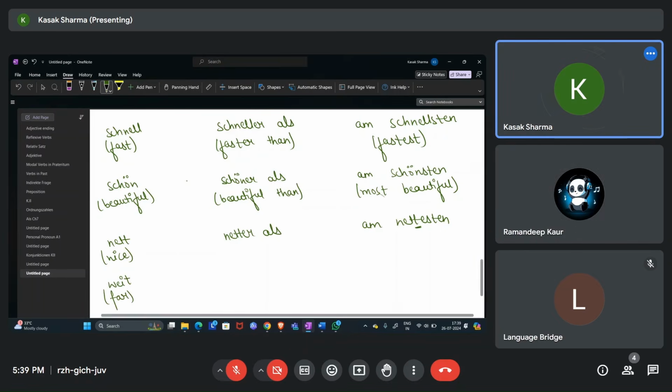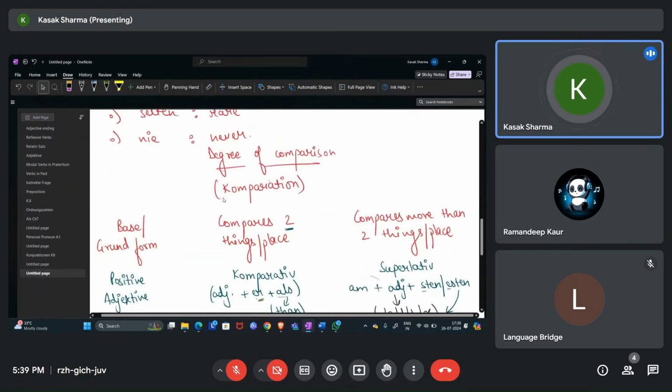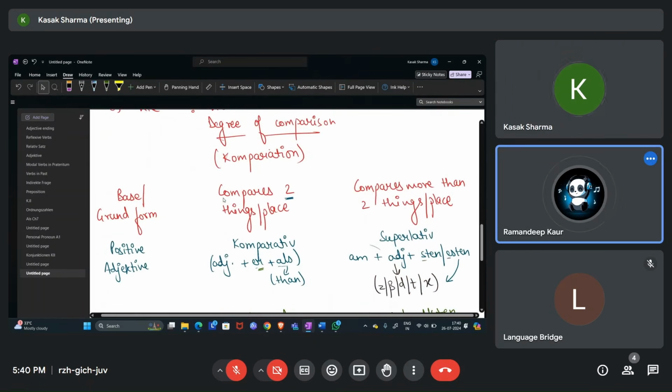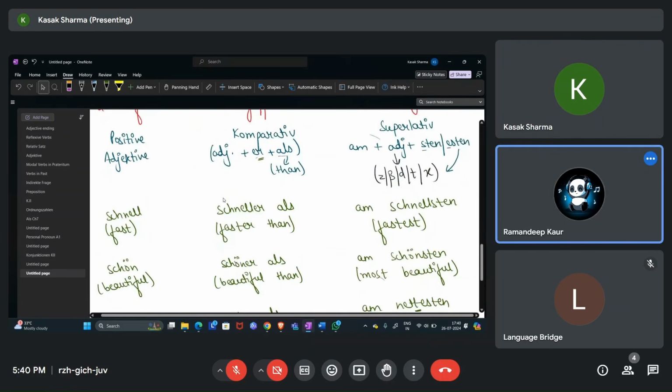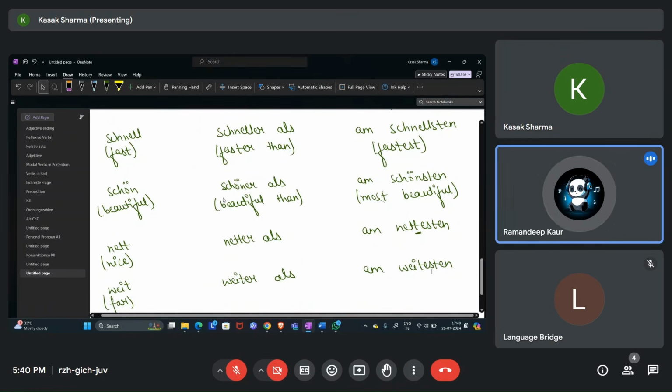So it will be weiter als, and it will be am weitesten. So you just take a screenshot of this one, the degree of comparison.